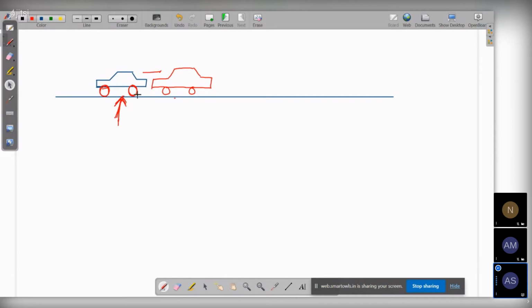To get the accurate value of position, you stop the car and note down its position. But the problem in that case is that the moment you stop the car, the velocity of the car becomes zero. That means now you cannot find out the velocity with which the car is moving. So this is the problem.